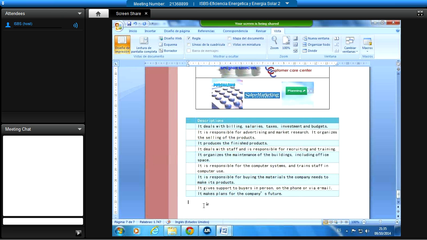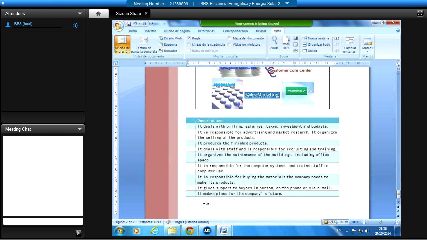What do you mean by care? Care, like cuidar, okay? It's the customer care center. Yes, more or less, atención. You can also say customer service, okay? Customer service, customer center, customer care, customer help as well, or assistance.